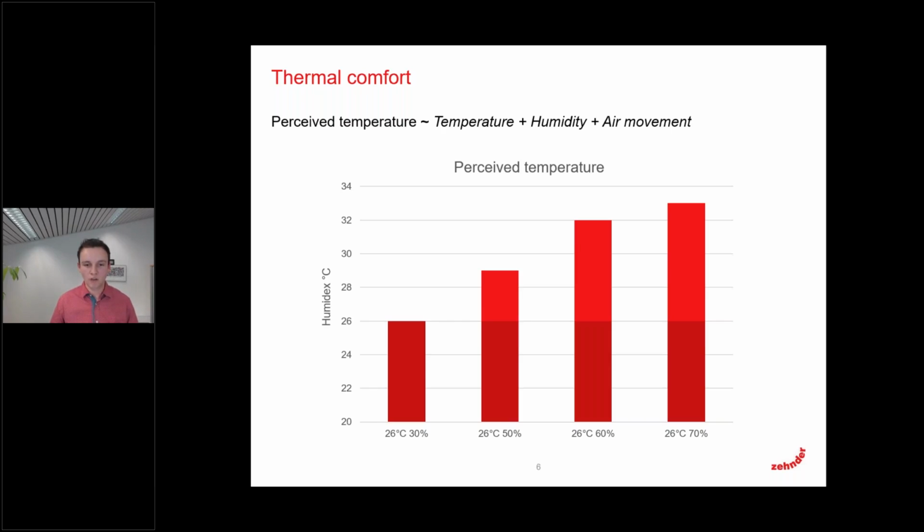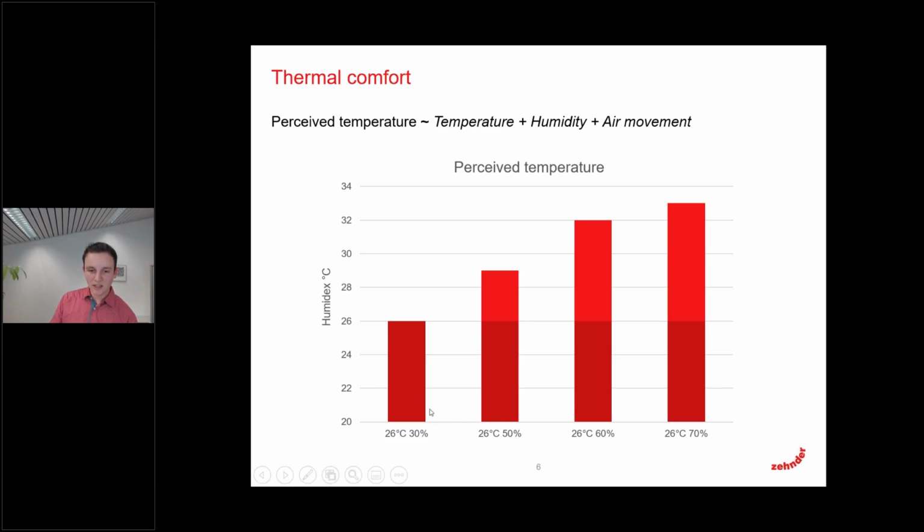Humidex stands for humidity index, and it shows that the higher the humidity, especially at high temperatures, so when it's very sultry, the more stressful it is for the human body, for the human organism.